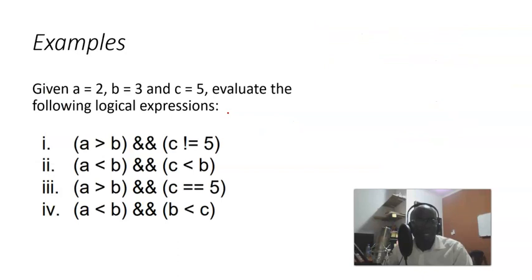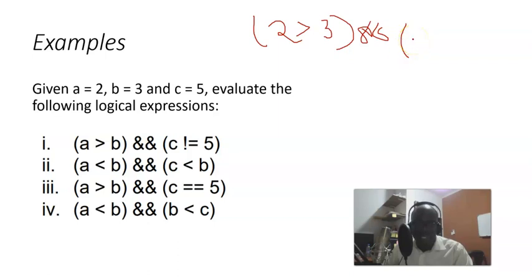Okay, and now let us look at this. By the way, in programming, usually two ampersands is what we use to represent the AND operator. So now if A equals 2, B equals 3, C equals 5, let us look at this expression. This expression will be 2 is greater than 3, and C is not equals 5.